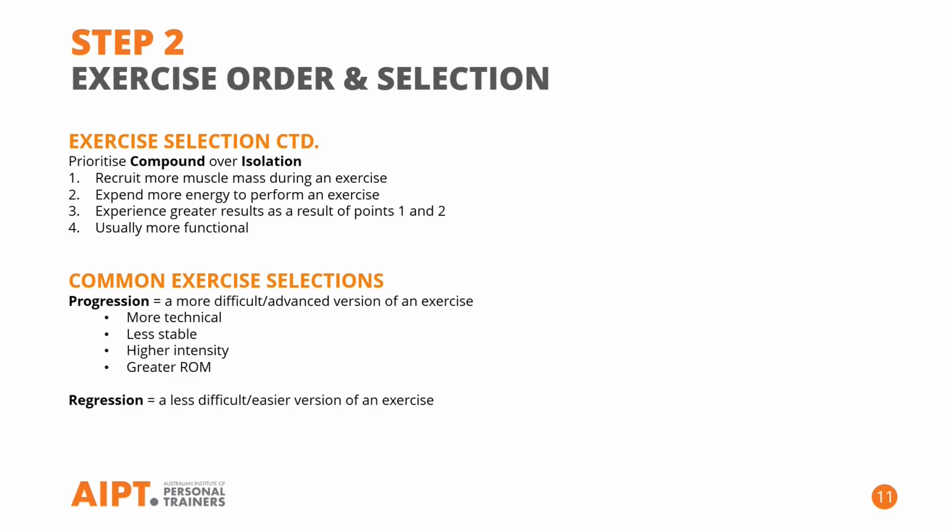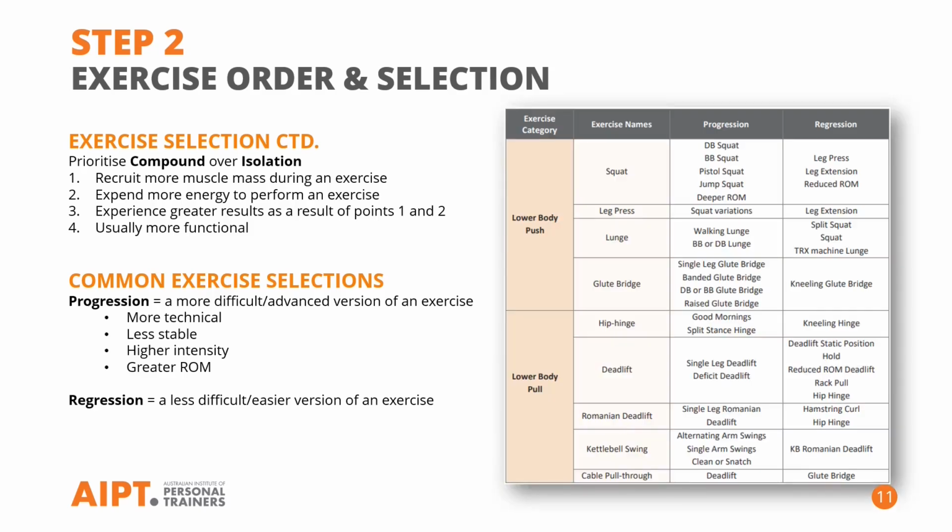And then opposing that, we've got regressions. So regressions are just the opposite of progression, and they're a less difficult or easier version of an exercise. So we have a table here within your attachment, your PDF version, and it goes through an extensive list of different progression and regressions of common everyday movements or everyday exercises that we would put into programs.